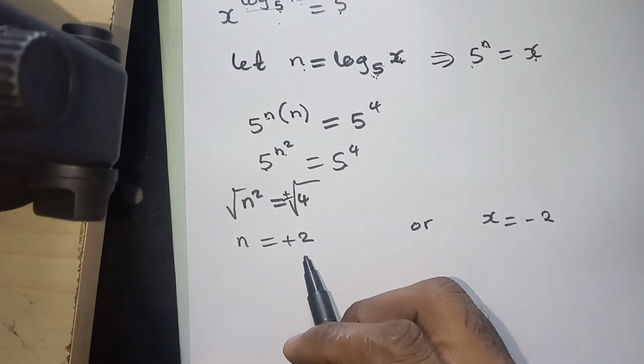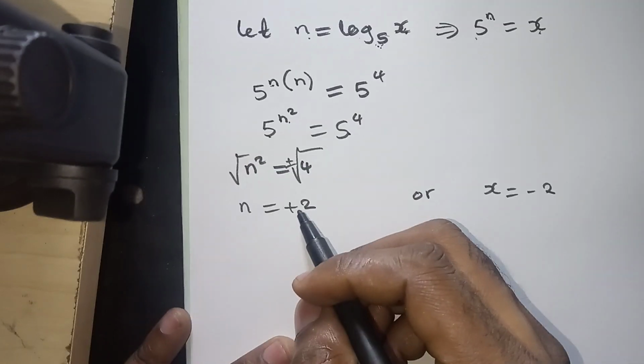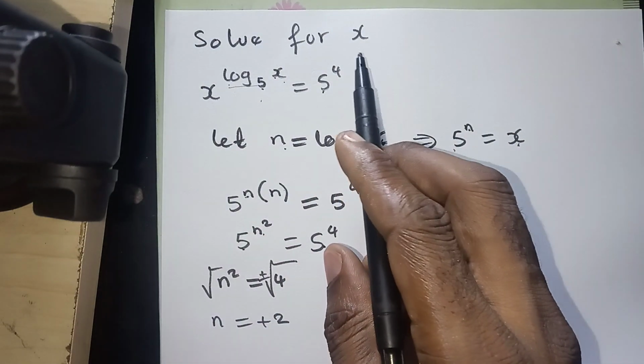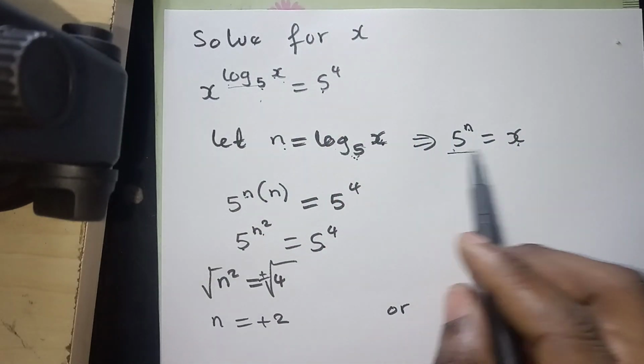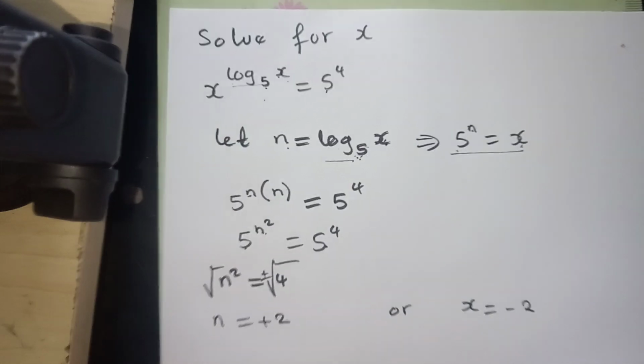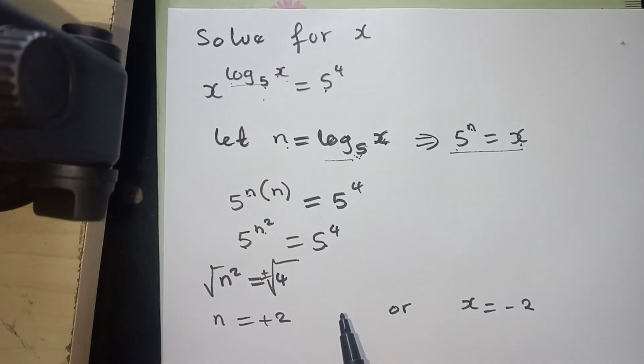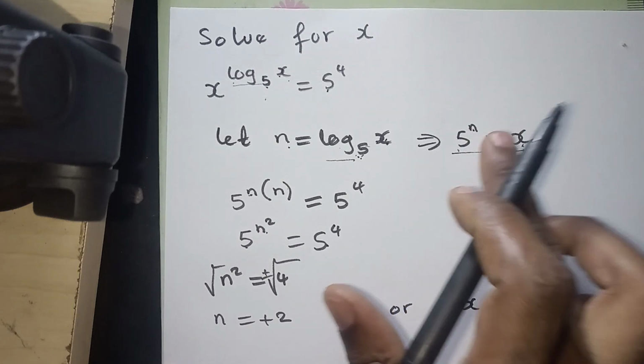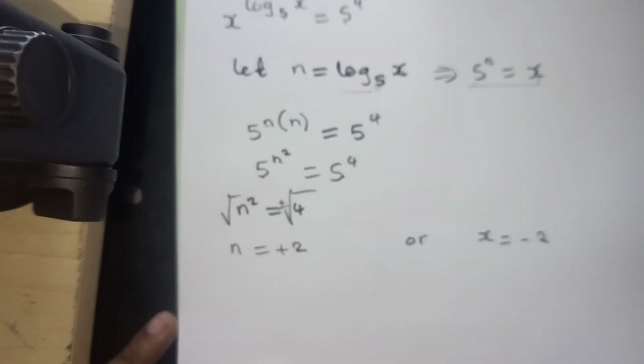When n is positive 2, remember we're not solving for n, we are trying to solve for x. So we can use this or this, whichever will be easier for you. I think this is much easier because it is a simplified version of this.